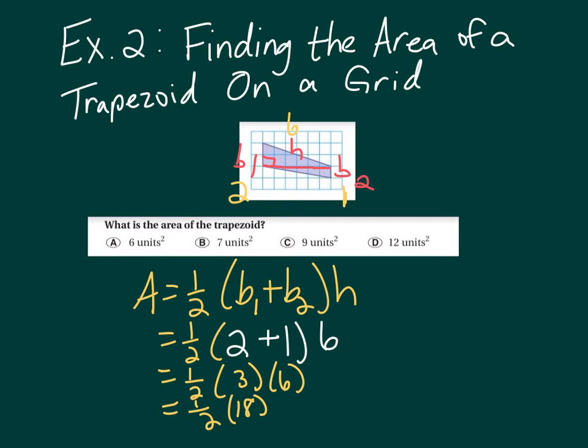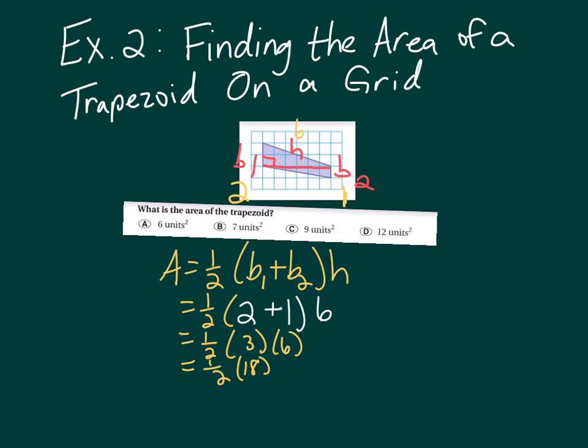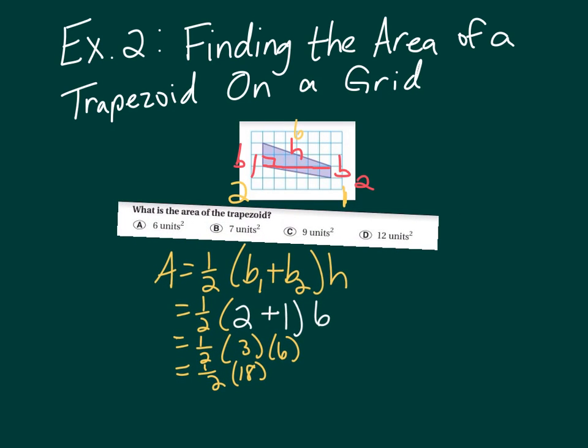I'm going to do that this time just so that I can avoid having to do half of 3 and get into decimals. So 1/2 of 18 is equal to 9, and since we don't have an actual labeled unit, we would just say units squared, and then we're going to check, and that does match one of our answers. So we would say that it would be C, the area of the trapezoid, would be equal to 9 units squared.